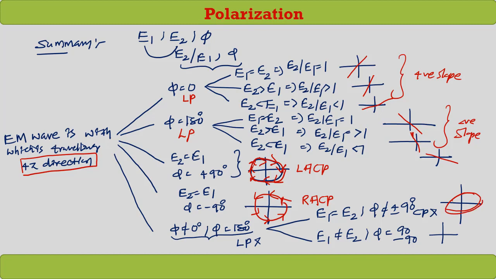This is the tilted ellipse. So when you take E1 and E2 not equal and phi is 90, for example, you may get this one when E2 is greater than E1, and a horizontally oriented ellipse when E1 is greater than E2. So like this you will get. These are the different types of polarizations we have in the case of the electromagnetic wave. Thank you.